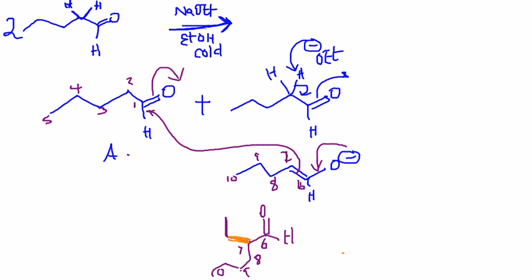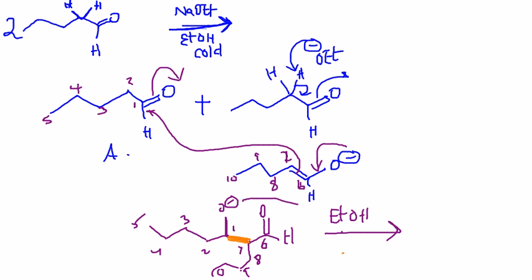This is my new bond. And I'm going back to the red or burgundy. O negative. That's 1, 2, 3, 4, and 5. And now, of course, it's going to exchange the proton with ethanol, which is your solvent.